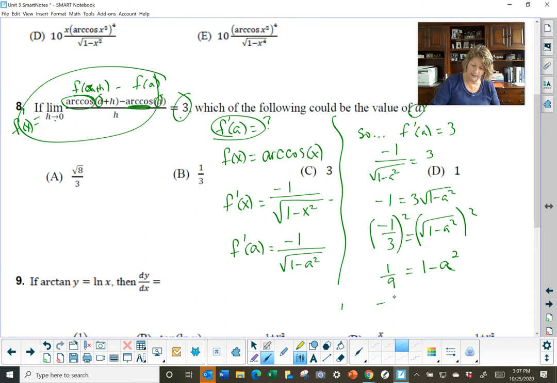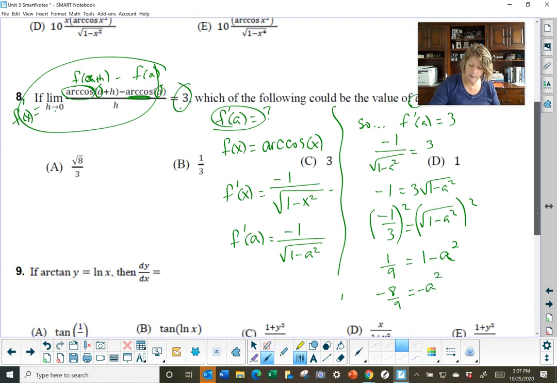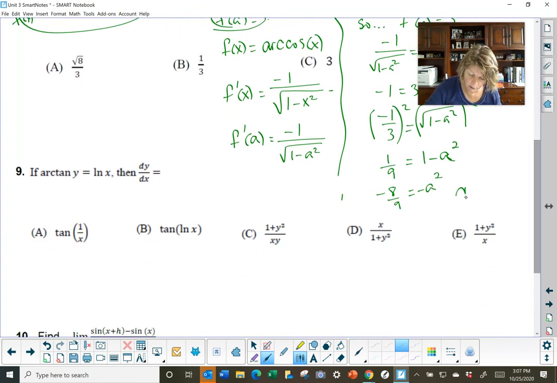That's going to give me a negative 8/9 equals negative a squared. Positive equals positive, so a equals, kind of thinking plus and minus, square root 8 over 9.